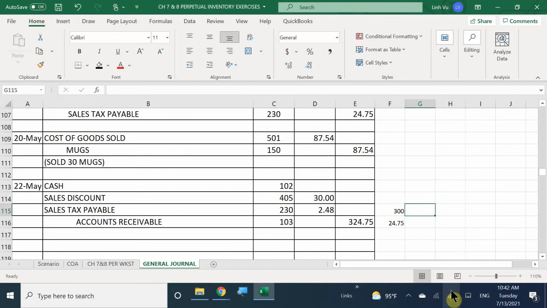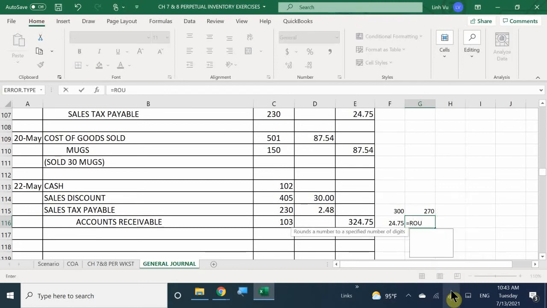I sold him $270 because I discounted him $30. So to make it easier, I'm just going to tax whatever amount that I'm discounting for, so the $30. Okay? If you want to calculate it here, you can find the difference.